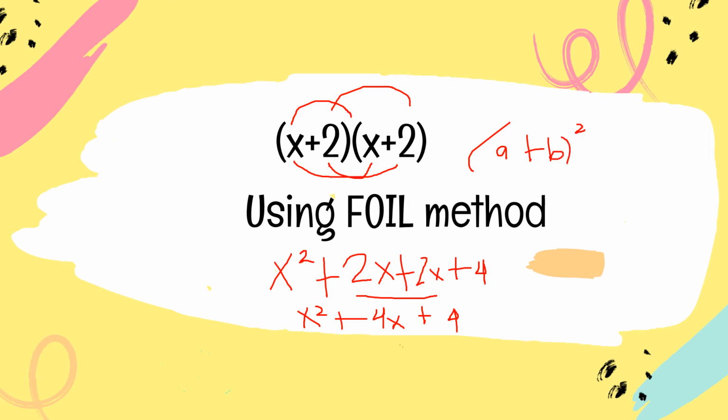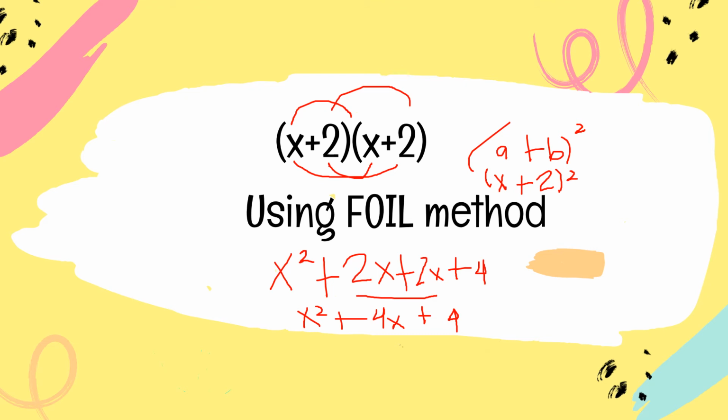Kasi pwede natin siyang i-write as the quantity of x plus 2 squared. And then, kung mapapansin ninyo, the operation being used here is addition. So, ibig sabihin, nandito siya sa form na ito.